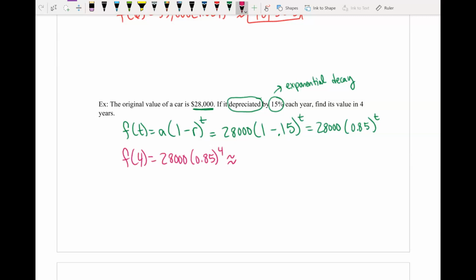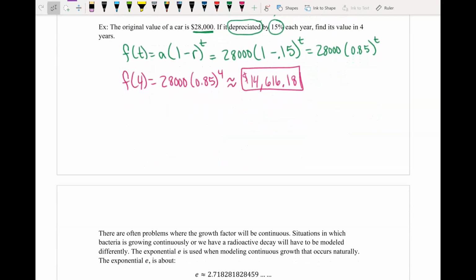That's going to give me about $14,616.18. So in 4 years, your car is now worth about half of what it was worth when you bought it. Okay?